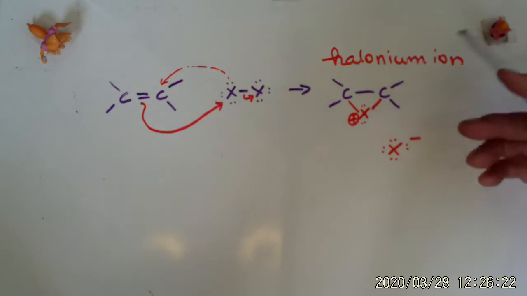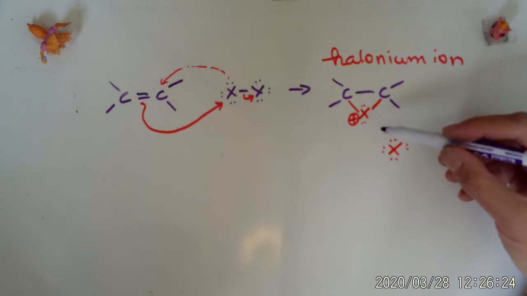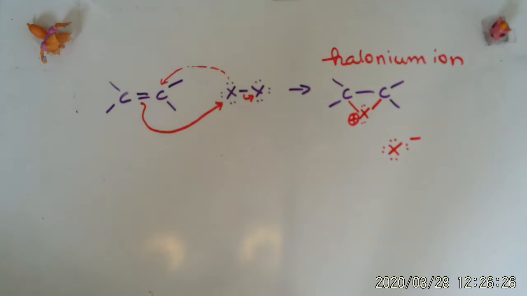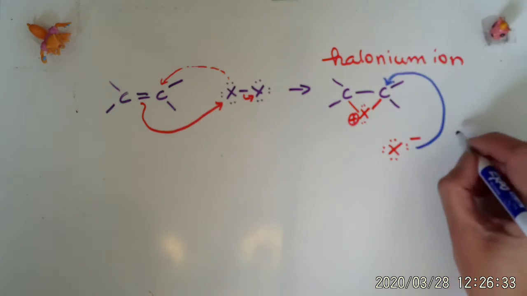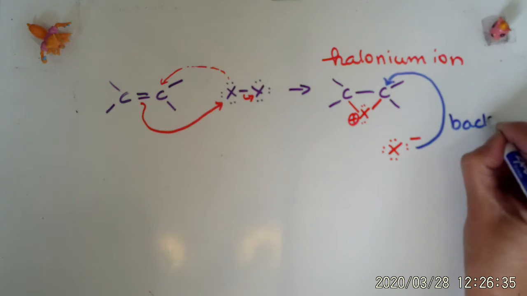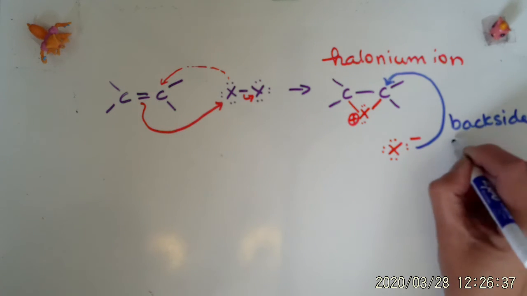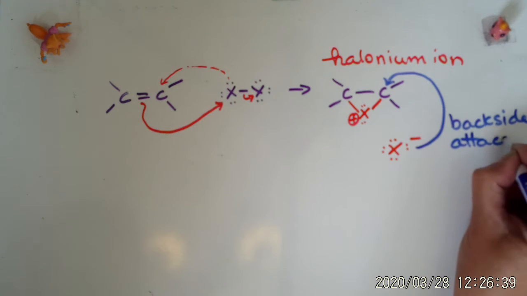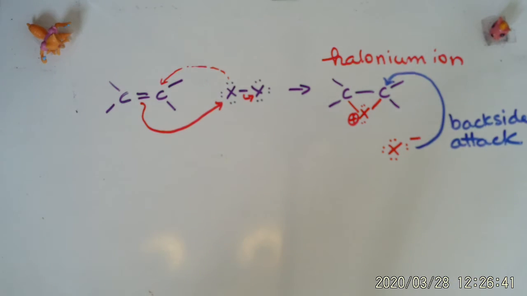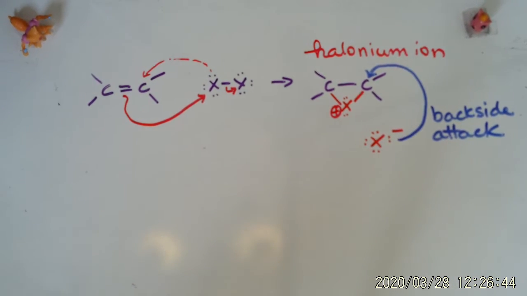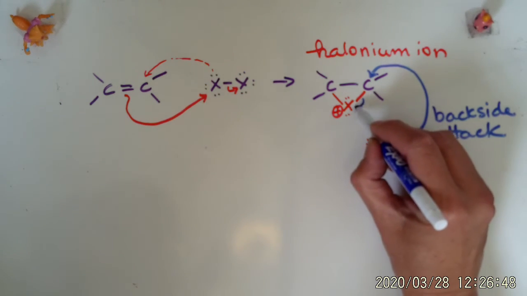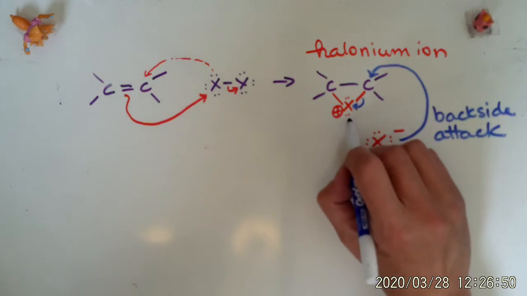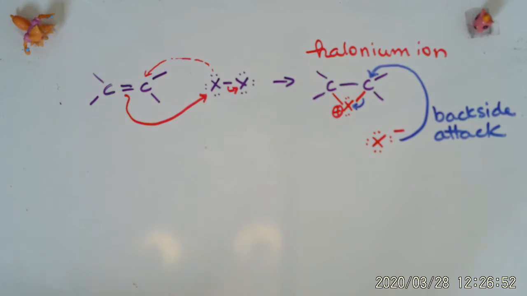But now what happens? Well, let's see. This is a positive charge, which means I can now do a backside attack. Okay, and when I do the backside attack, the halide is acting as a nucleophile, I can now open up my ring because this becomes a really good leaving group.